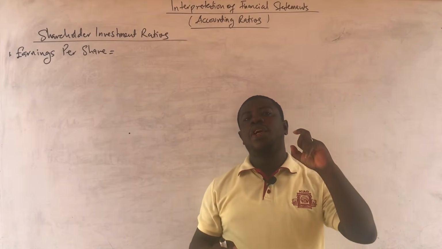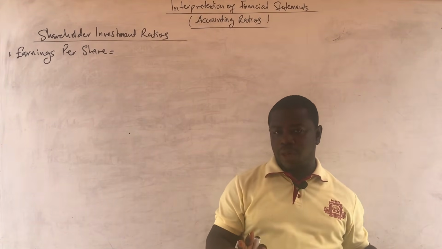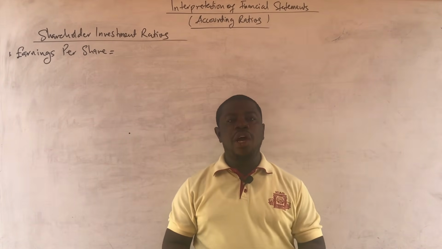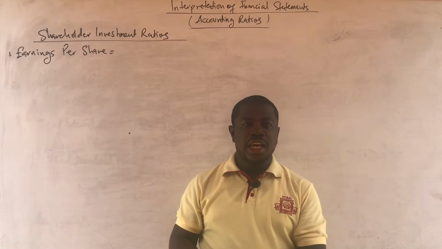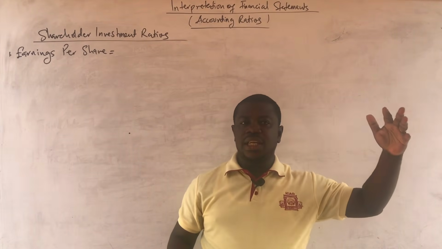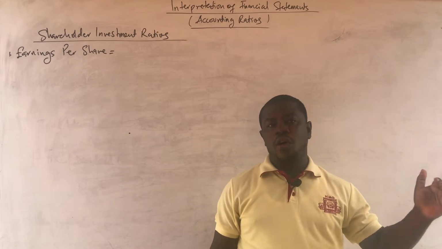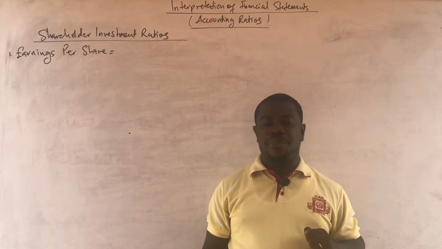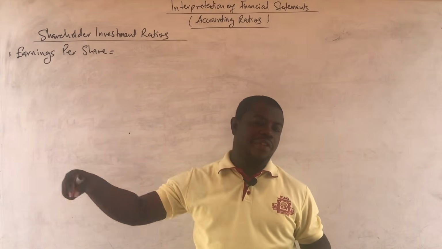Now, we would have argued, okay, net profit after tax there is for them. But remember that we are yet to pay preference dividend. And so when you have your net profits after tax, you have to pay the dividend for preference shareholders because they are fixed interest earners or fixed dividend earners.